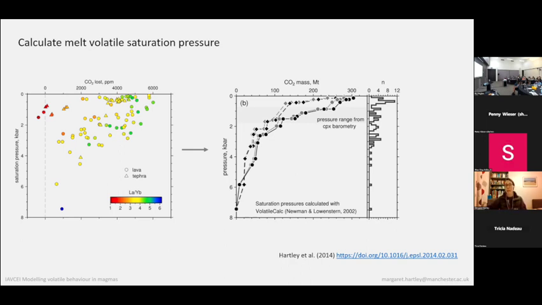And we can start then to use some assumptions and some models to think about how much gas is exsolved as a function of pressure, how much exsolution we would expect given a particular depth of magma storage, and what might be the total emitted volatile budget of a particular eruption. So this is a fairly straightforward case of using a melt volatile saturation model. I'm guessing many of you have used lots of different models in this way.